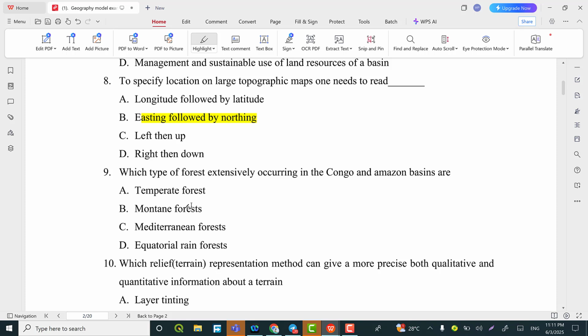So temperate forest is not the answer. Mountainous forest is a forest which is mainly found within the mountainous area. Mediterranean forest is found alongside of the Mediterranean Sea. Equatorial rainforest is the forest mainly jungle of Africa and Latin America. So Congo and the Amazon, which is found in Brazil, are considered as equatorial rainforest.